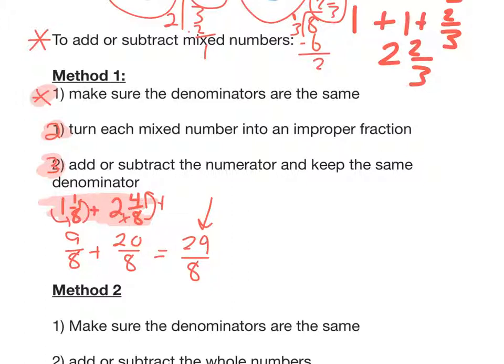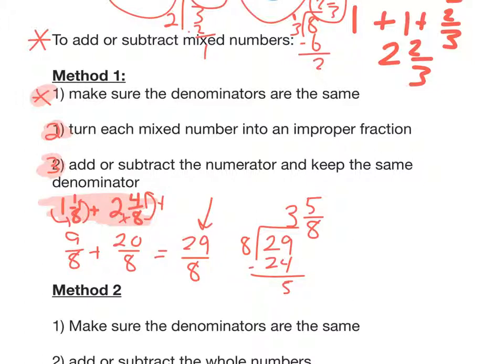If I want a mixed number, I would have to turn it back into a mixed number by dividing. 29 divided by 8. 8 goes into 29 3 times. That's 24. And when I subtract, I get a 5. And I put the remainder over what I divided by. Okay, so that's one method.